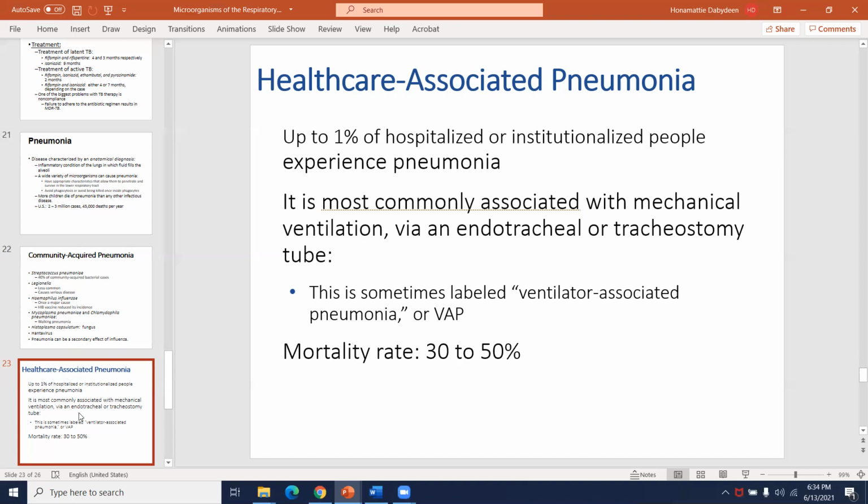And anything, I should say, that's acquired in a hospital setting, you have to pay extra attention because they're a little bit more dangerous. Why?